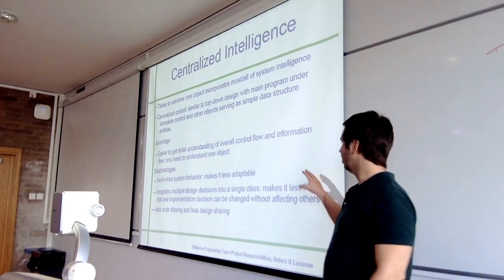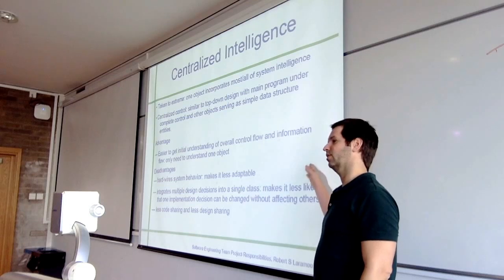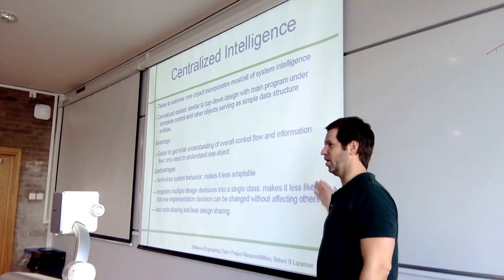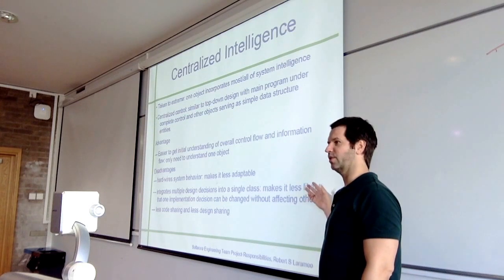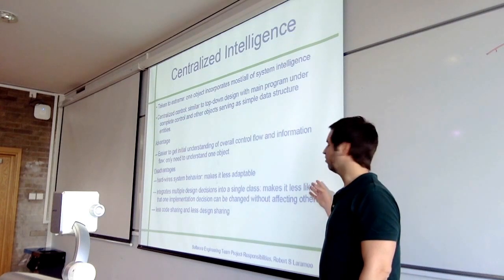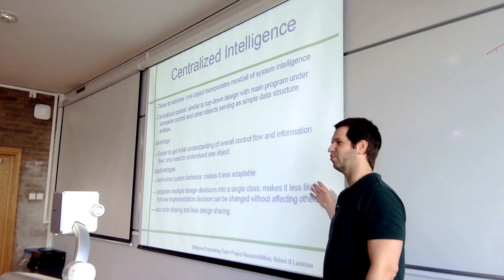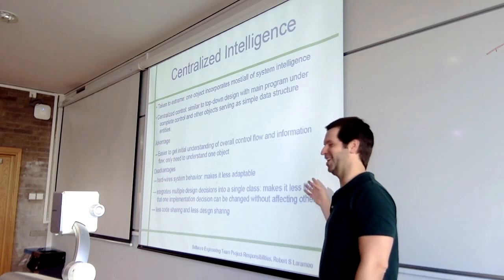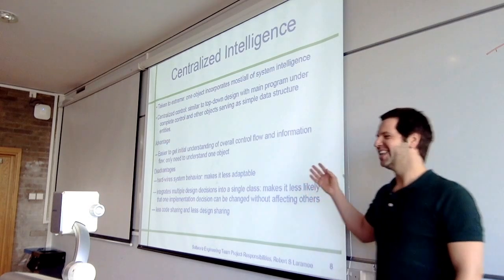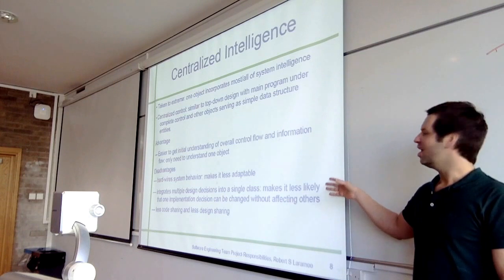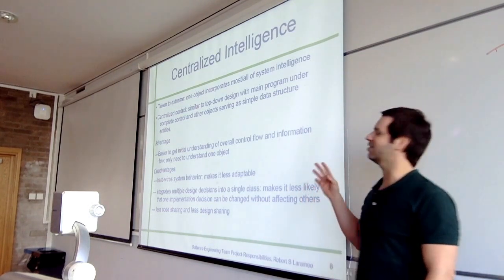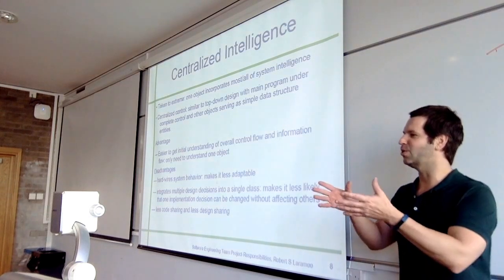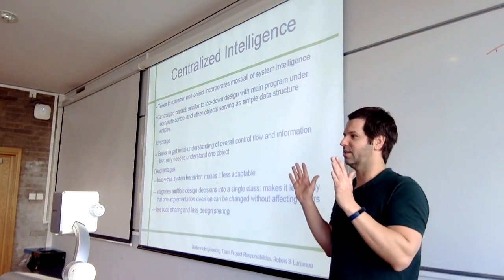There's also a euphemism for that phenomenon. It's so common, there's a euphemism for it. Does anybody remember the euphemism for software that has suffered the consequences of centralized intelligence and can no longer be modified by anybody?